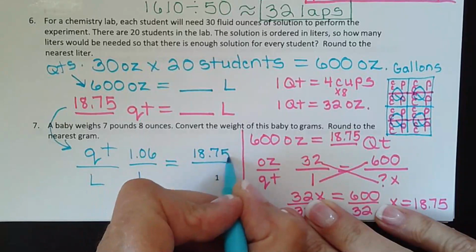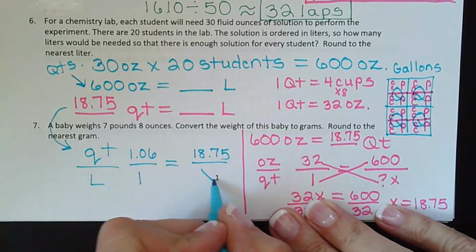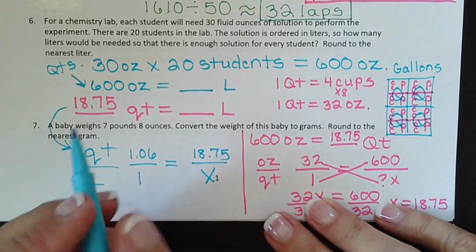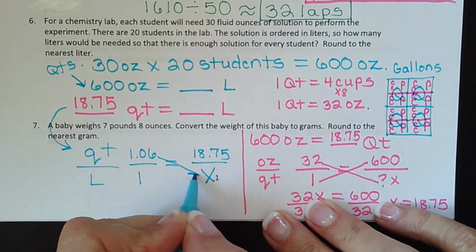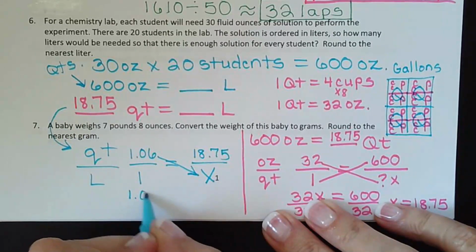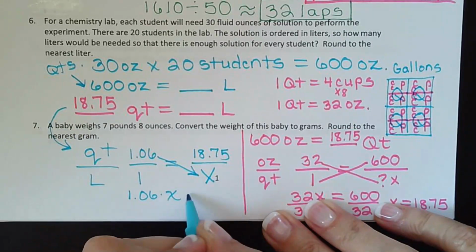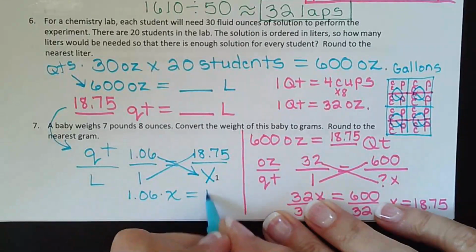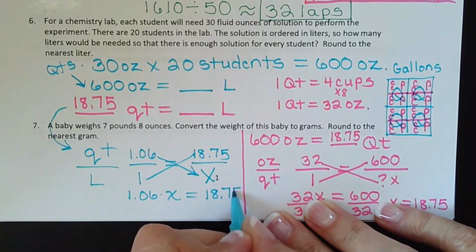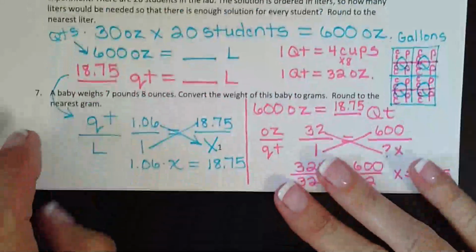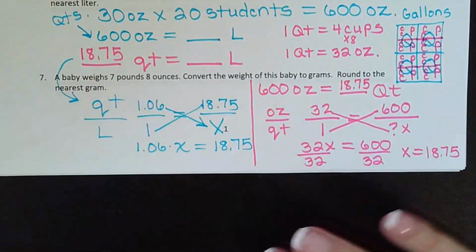And we want to know how many liters, so there's my X. So we have 1.06 times X equals 1 times this, which is 18.75. So we just have a little calculator division and we're finally done with this problem.